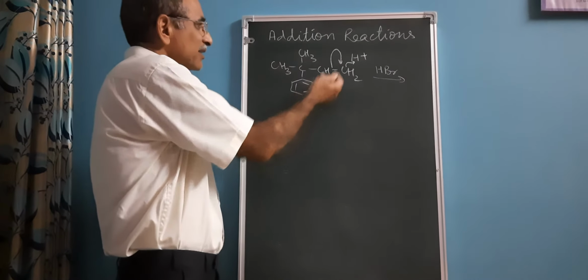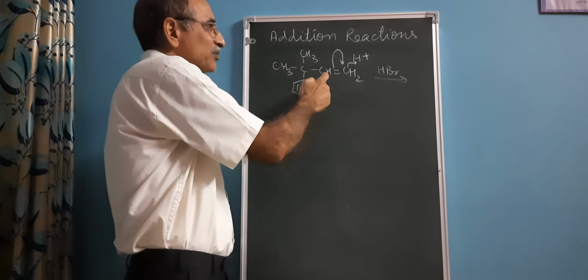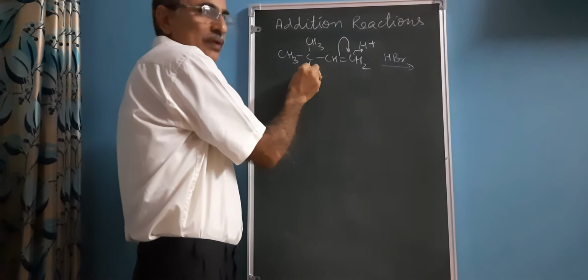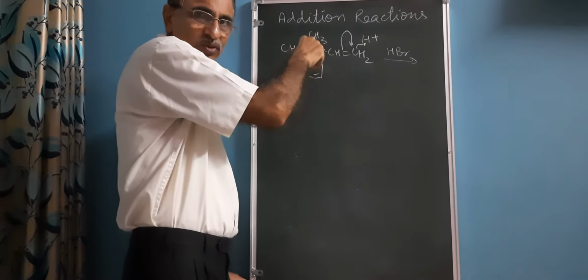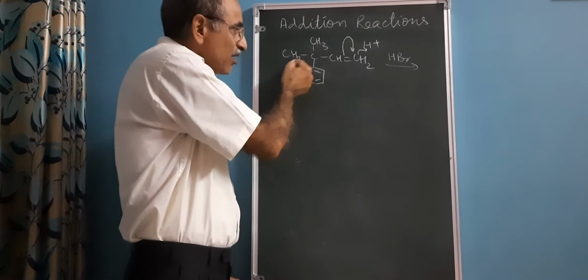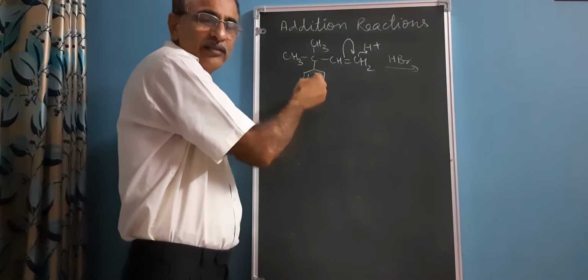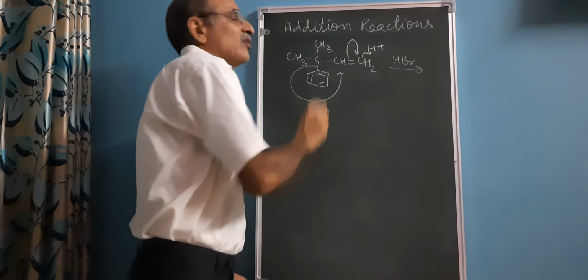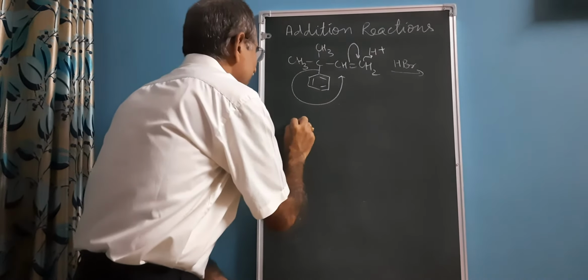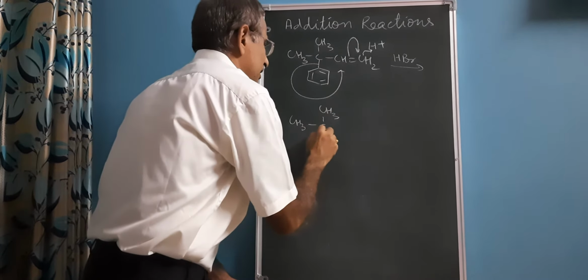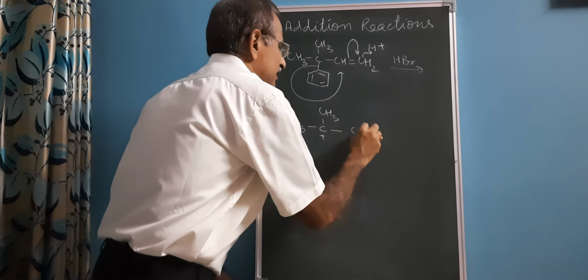Now take this example. Here again there is formation of secondary carbonium ion, but here we are having phenyl group and methyl group both. As compared to methyl group, shifting of this phenyl is more preferable, and that is why here shifting of phenyl takes place, and that results in formation of CH3, a positive charge here.